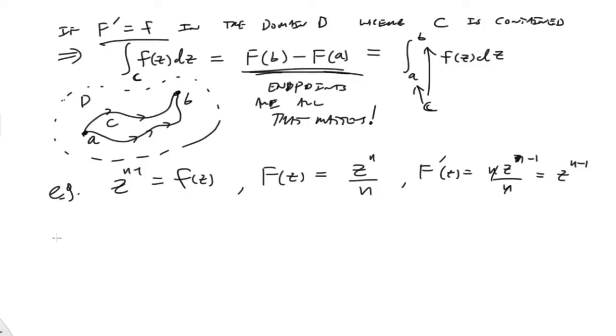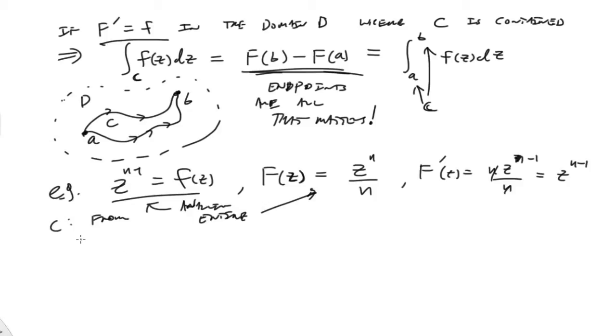Okay, in which case, if I take any contour, let's say we take a contour from, and we know this is analytic, entire, and so is capital F. Both capital F and lowercase f are analytic, entire, and the antiderivative holds on the entire plane.